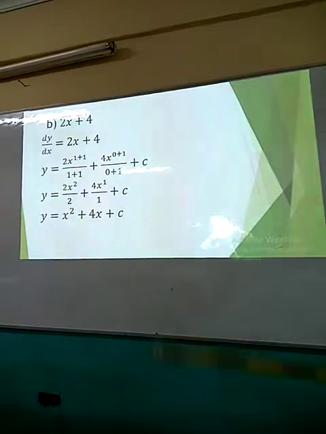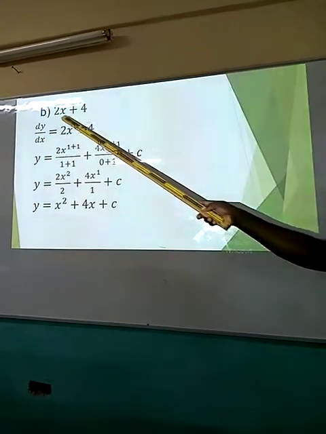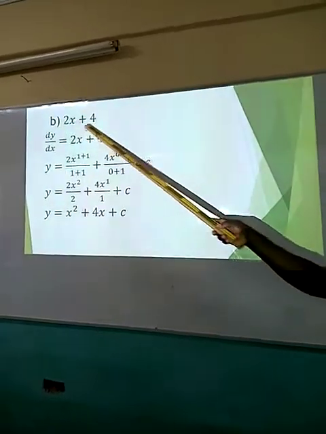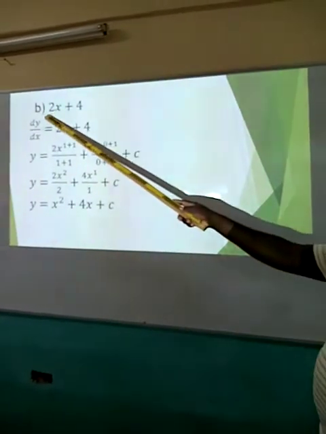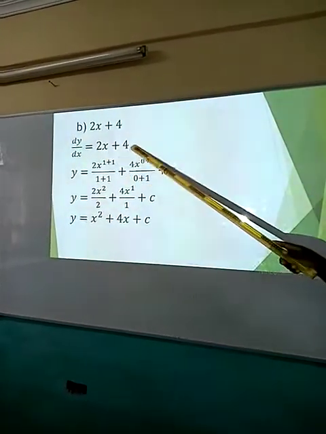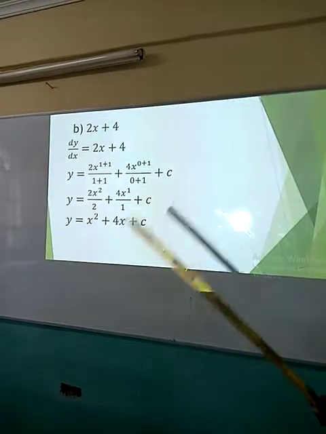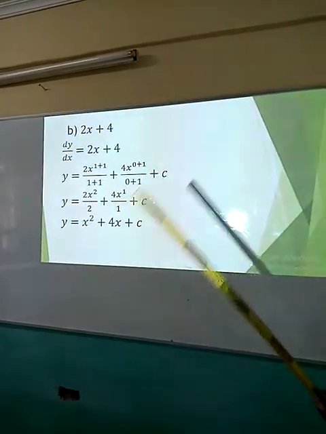Look at our example number 2. (2x + 4). So we are saying that dy/dx is equal to 2x + 4. Like I said in the morning, gradient is not constant all the time.